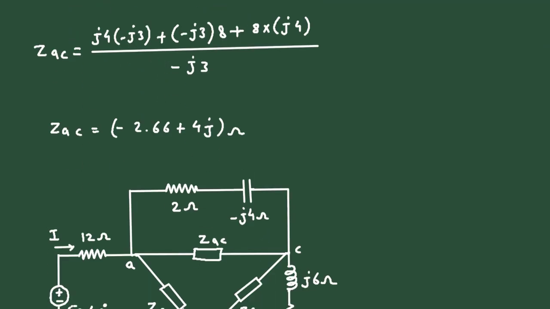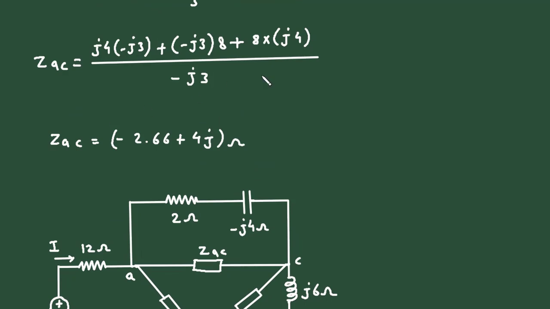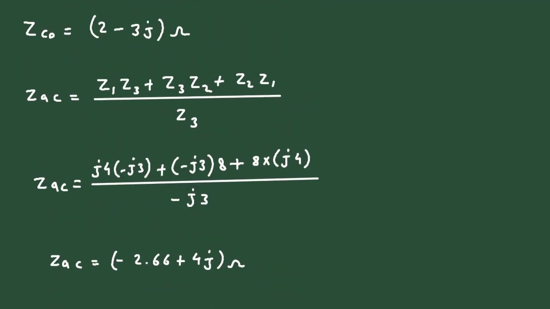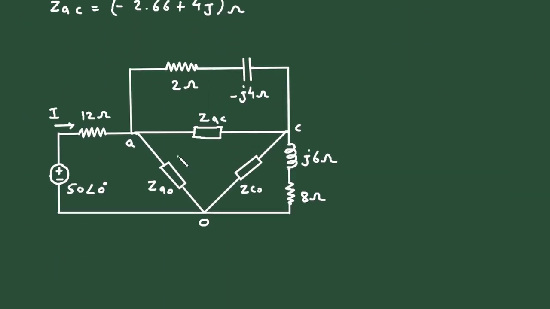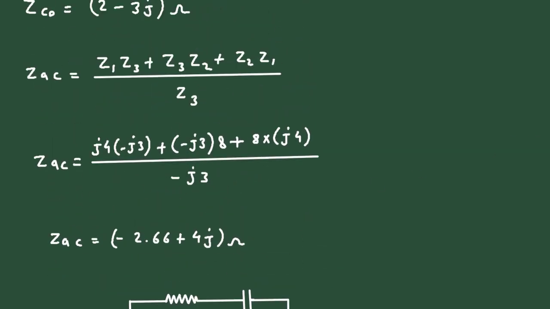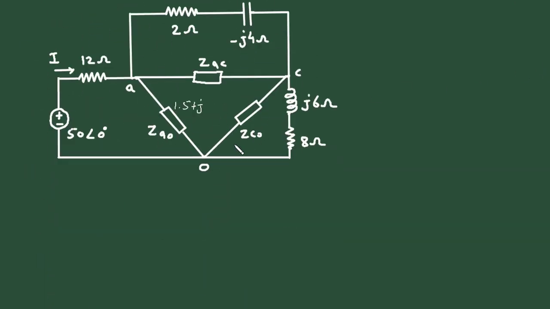So let's put all the values of ZAC, ZAO and ZCO. First let's put the value of ZAO. It is 1.5 plus J. Now the value of ZCO is 2 minus 3J.